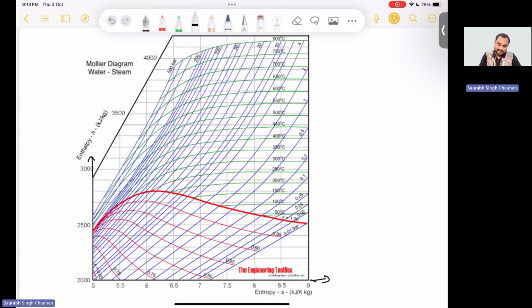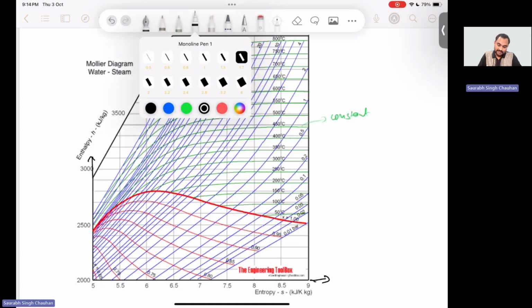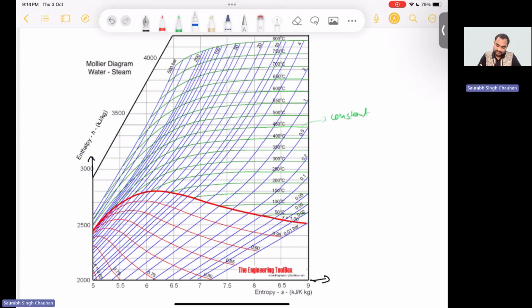These green lines you can see are constant temperature lines, and these blue lines are constant pressure lines. These red lines are basically quality of steam.